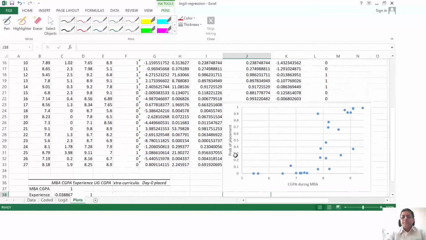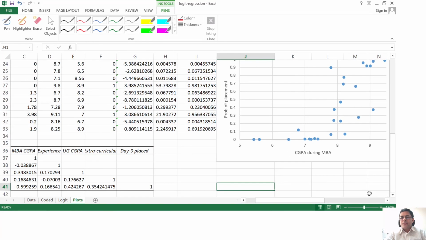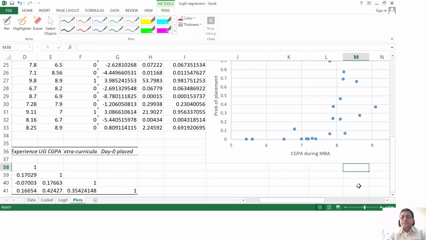Now I have plotted the predicted probability of y equal to 1 against the MBA CGPA during the MBA program. Let us zoom it in a little bit. Take a closer look at this.